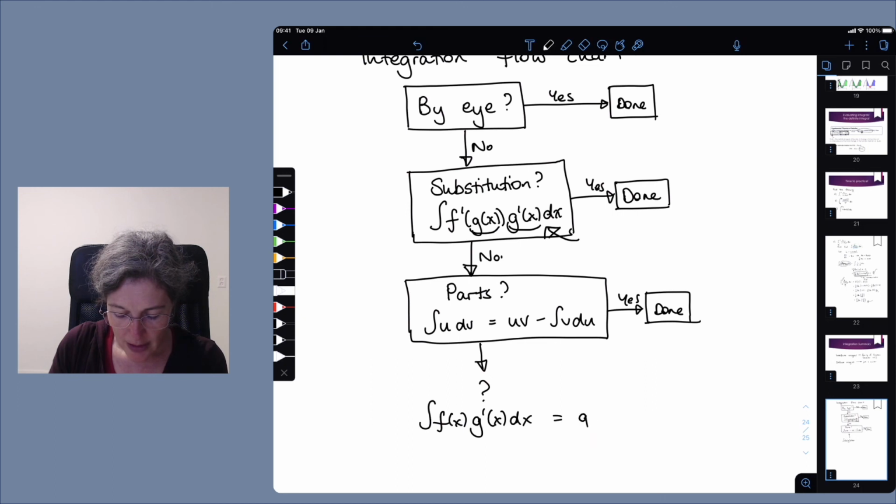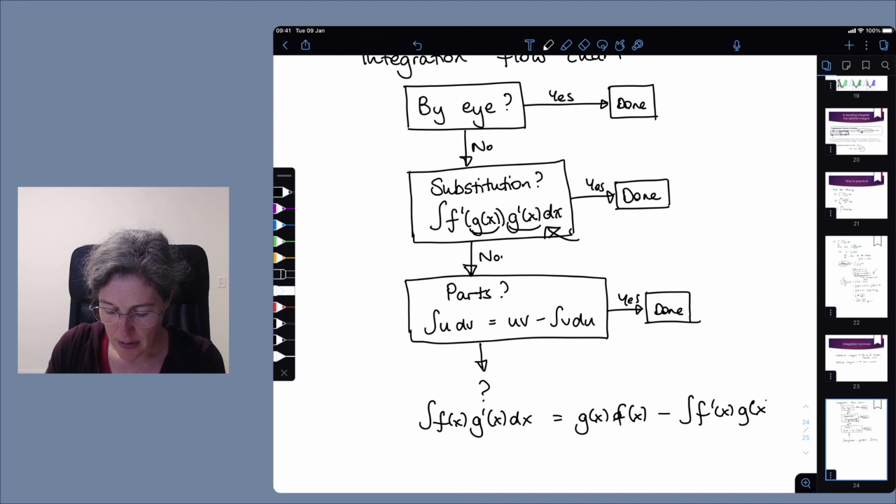And so it's really helpful to be able to rewrite it as a new integral plus some term, which I can perhaps do. So my go-to for thinking, should I try parts, is, okay, I've got an integral that has a product, I can't do it using substitution, and I don't know what else to do. Can I transform it into a new integral that I can do?